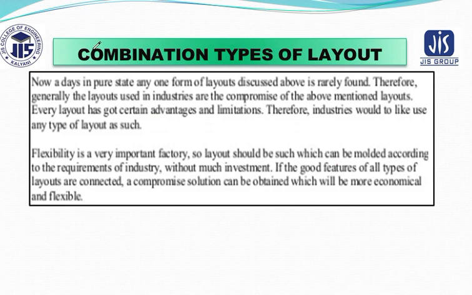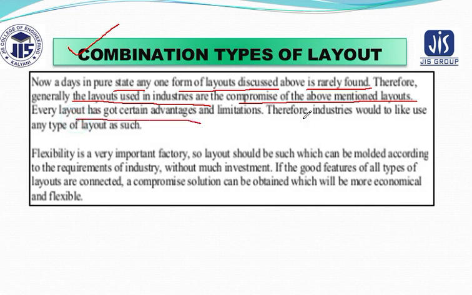Now we'll be discussing combination types of layout. Nowadays, in pure state, any one form of layout discussed above is rarely found. Therefore, generally the layouts used in industries comprise the above mentioned layouts. Every layout has certain advantages and disadvantages. Therefore, industry would like to use a combination of layout types.